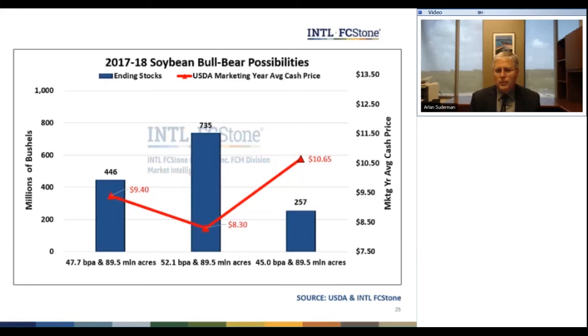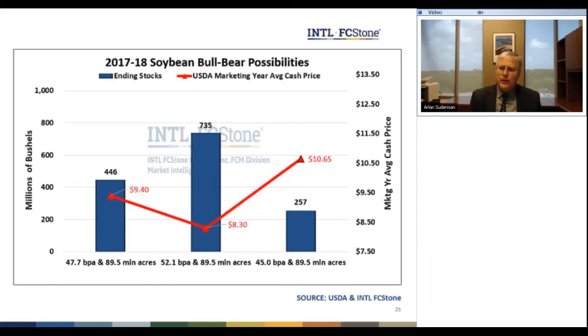There's too much time to go in determining soybean yields. So if I use last year's yield of 52.1, I end up with ending stocks of 735 million bushels. Excuse me, there's nothing bullish about 735 million bushels. Marketing year average cash price of $830.